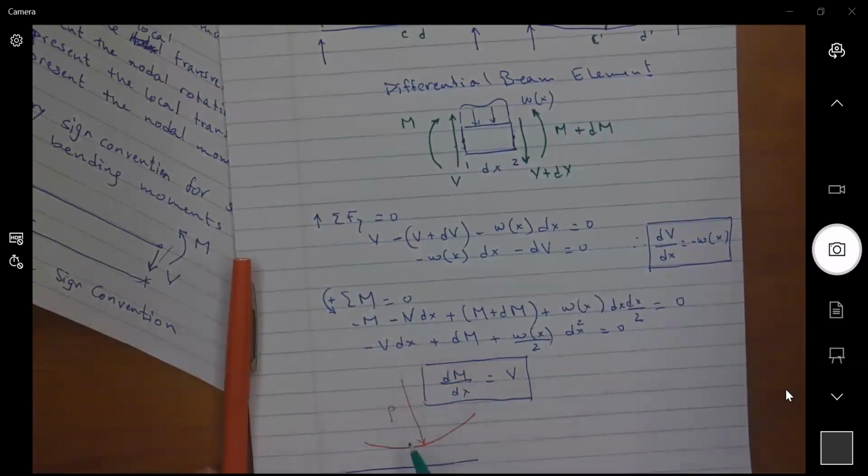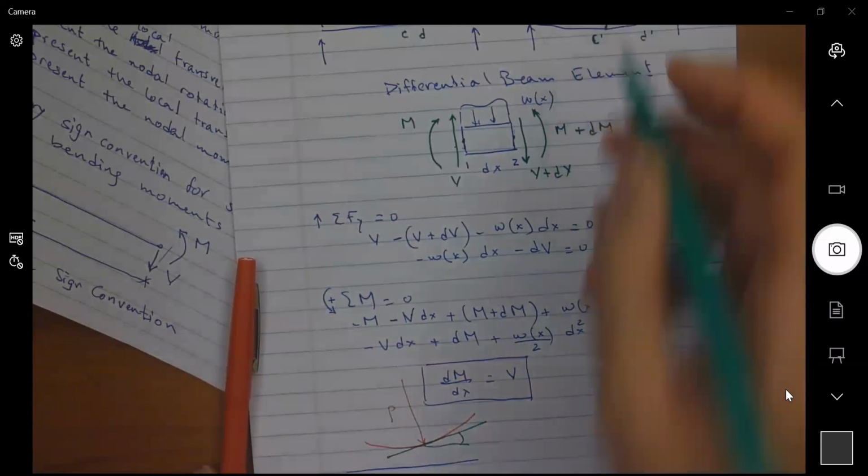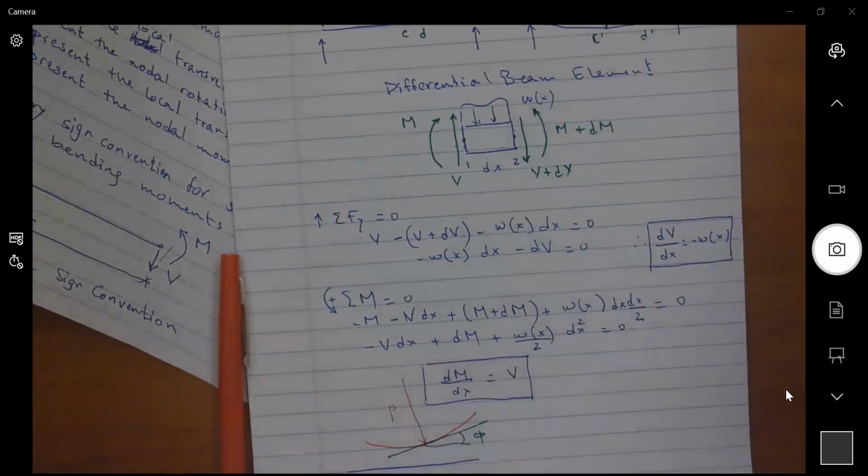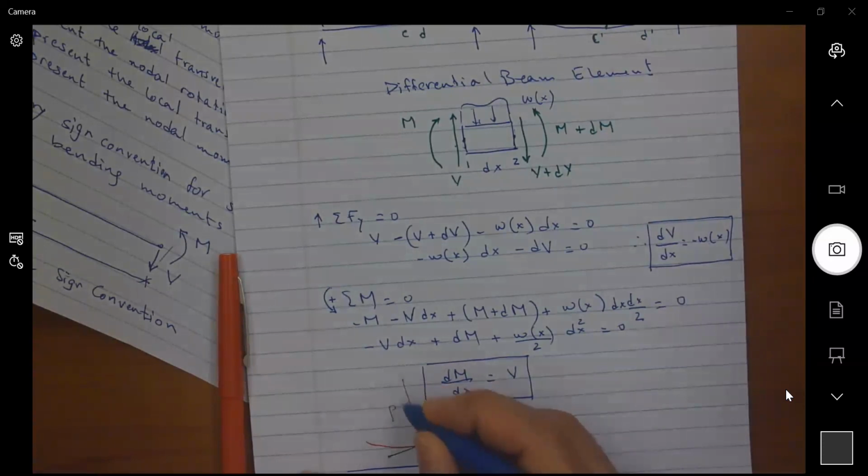If I draw a tangent to the curve, I can be looking at this same angle that we defined, phi. The inverse of the radius of curvature is known as the curvature.